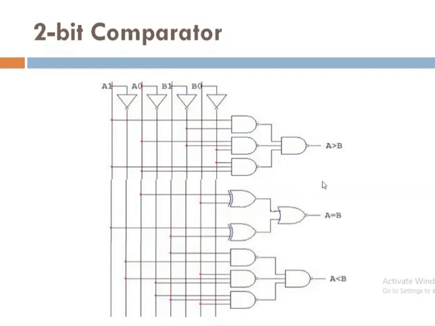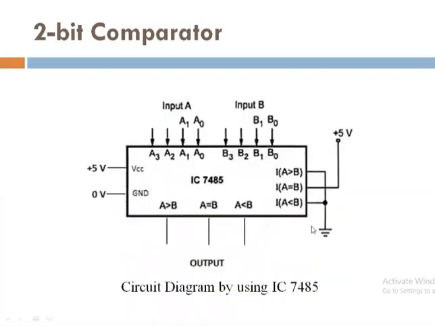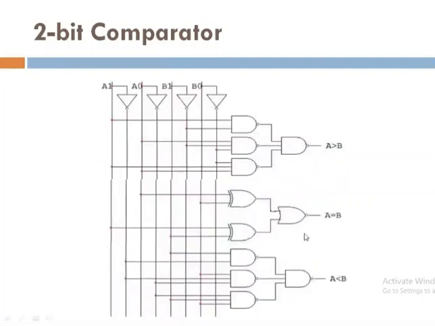After completion and verifying this output bit, you need to check all combinations. In this way you have to design your circuit diagram and implement the same circuit with the help of logic gates or digital trainer kits. So this is the circuit diagram for a 2-bit comparator using logic gates.